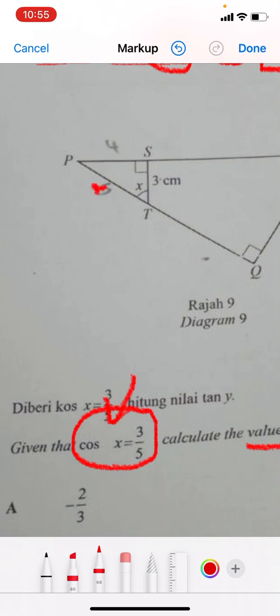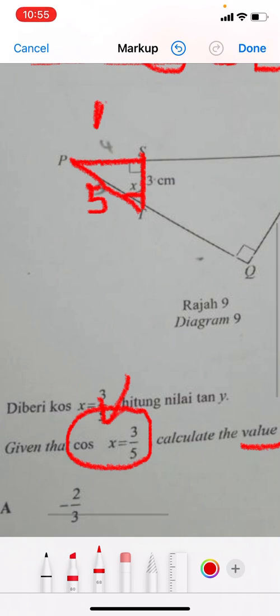She will label here 5 because if you focus on this triangle, for cosine x, this is opposite, this is adjacent, and this is hypotenuse.